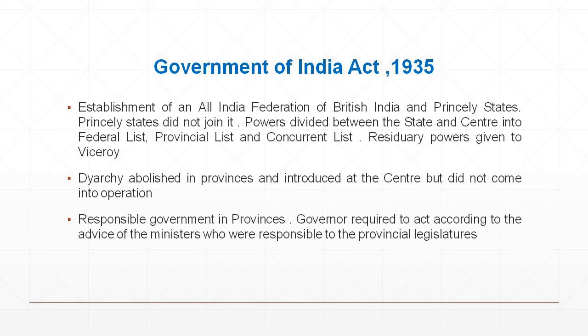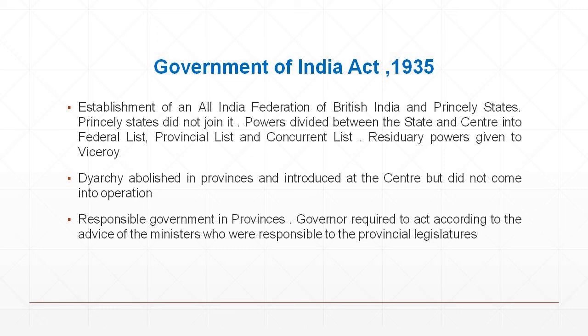And then there was British India, which was controlled directly by the British. So they tried to create an all India federation. A federation is a coming together of the constituent political units. They come together to achieve a common goal.